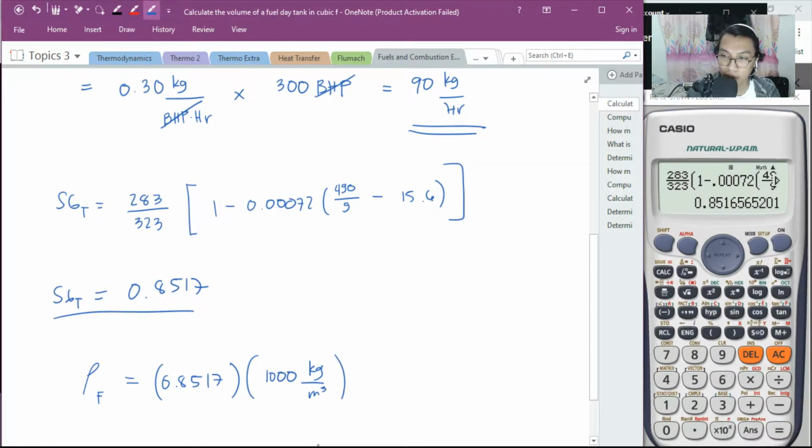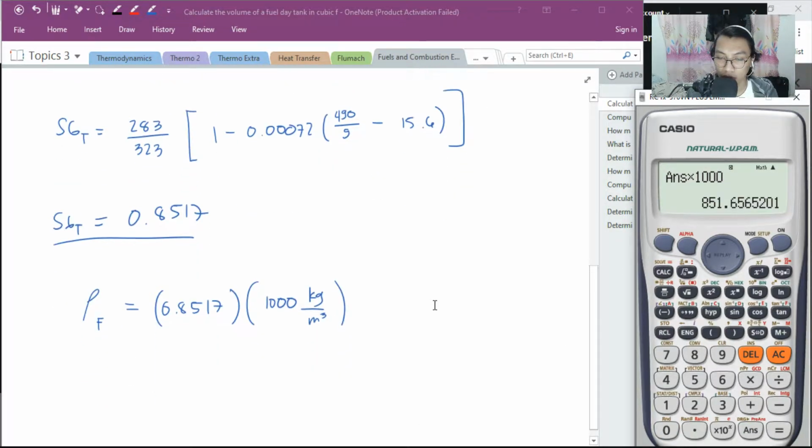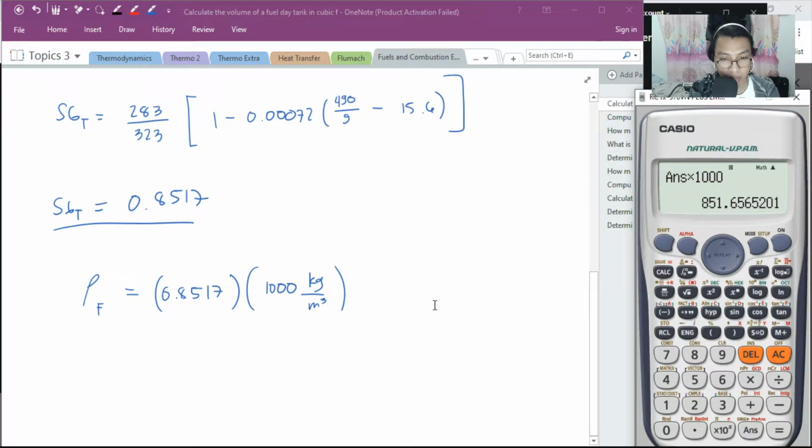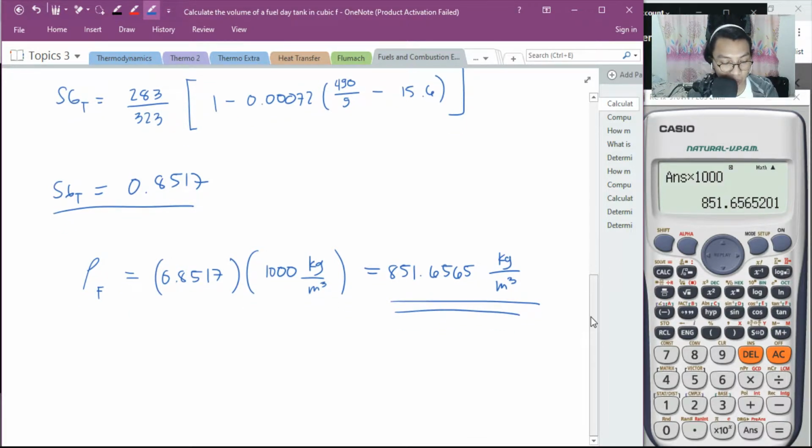O, multiply mo na lang ng 1,000. O, the answer is 851.6565 kilogram in every cubic meter. Okay, meron ka ng density.